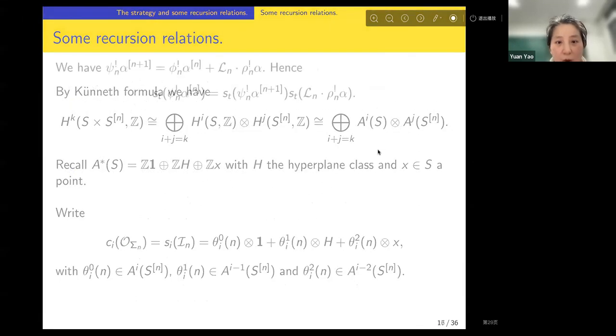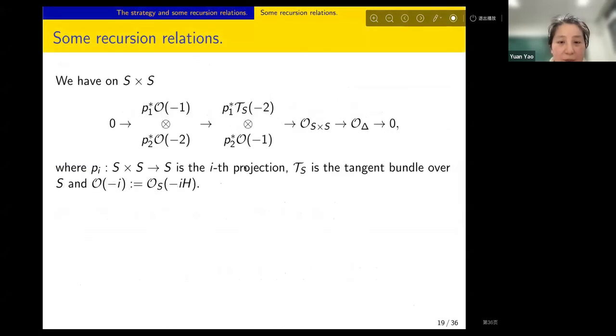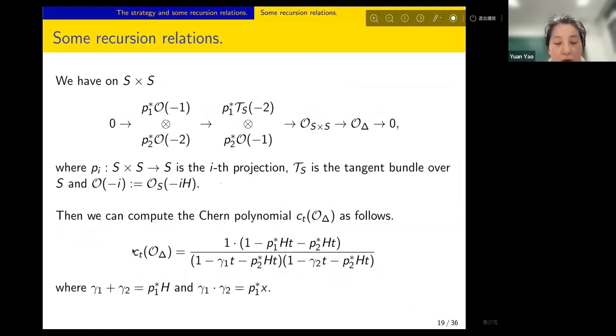As we have S is P2, then we have this exact sequence, and we can compute the Chern polynomial of this structure sheaf of the diagonal.